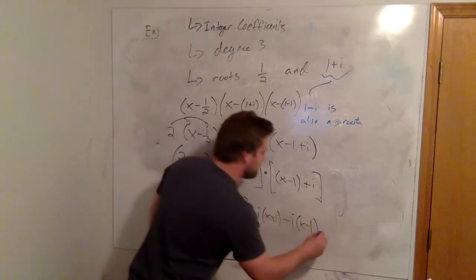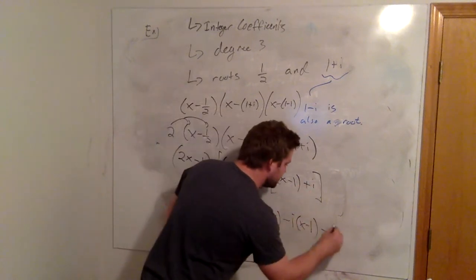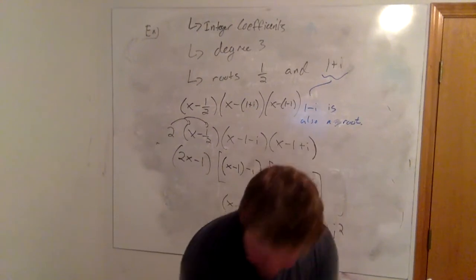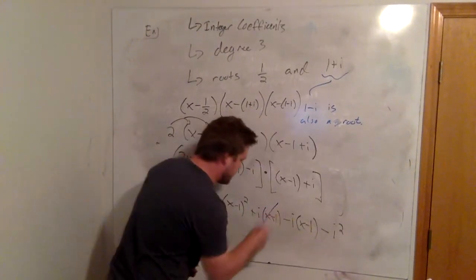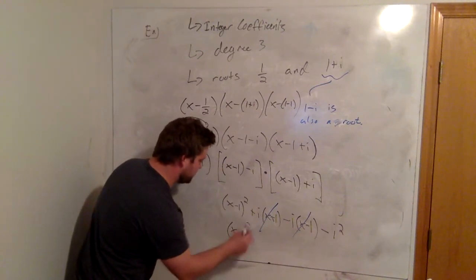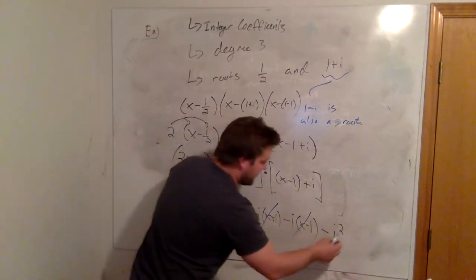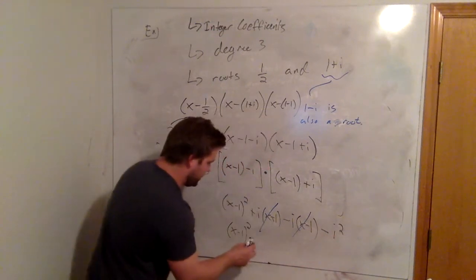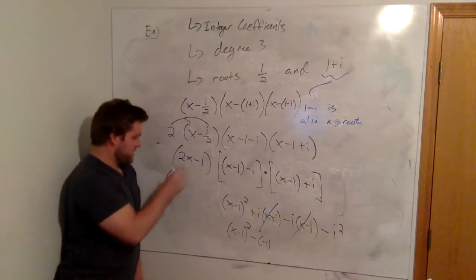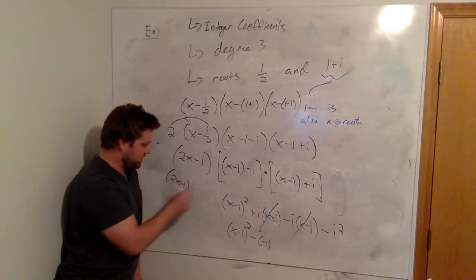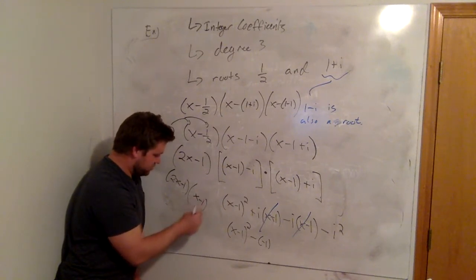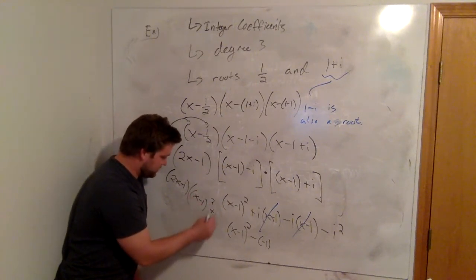But then I'm going to get a minus I squared. So notice that these cancel out. What I'm left with is x minus 1 squared, minus I squared. I squared is -1, so this is minus a -1. So putting this all together, I have my 2x minus 1 times x minus 1 quantity squared plus 1.